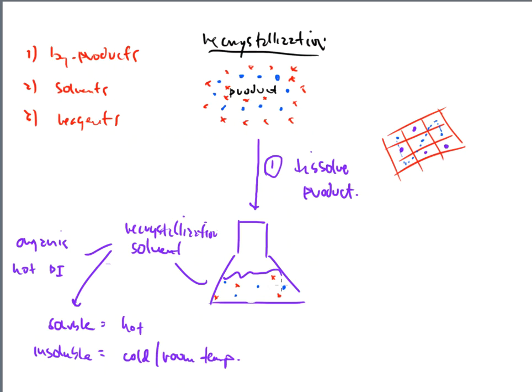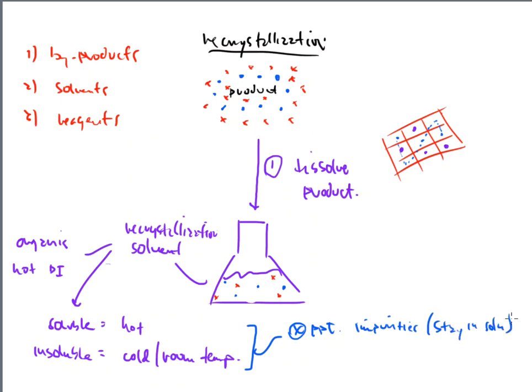And if I'm careful with the recrystallization solvent, I'm also going to pick out a solvent that doesn't precipitate. That is going to be the abbreviation of PPT. It doesn't precipitate my impurities back out. The impurities stay in solution.